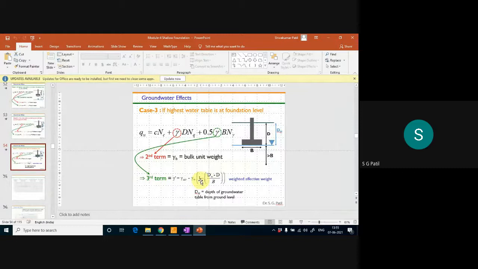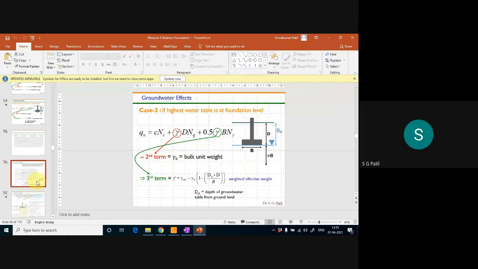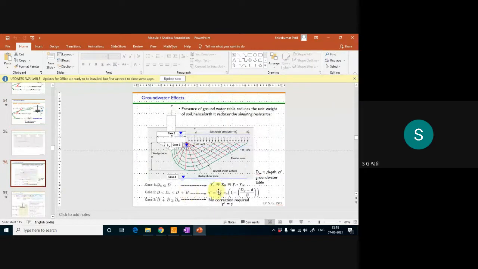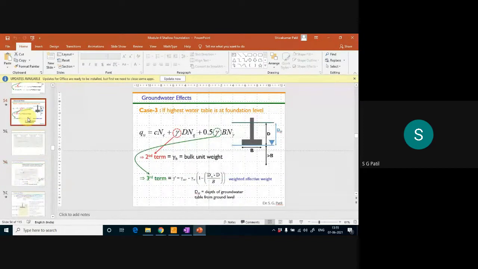It's 1 minus only, no? See the formula: 1 minus dw minus d by b.